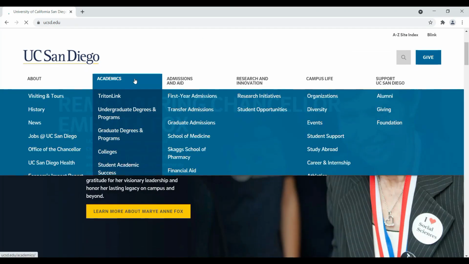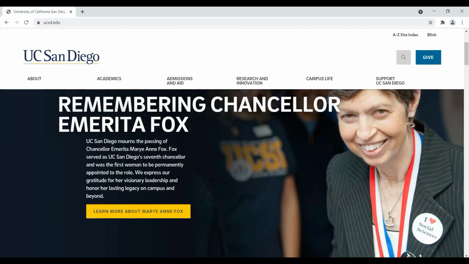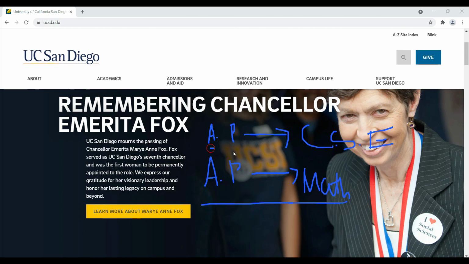Remember, we have to search for the associate professor for CSE, or you can say computer science engineering or computer science department, and associate professor for the mathematics department. So these two things you have to remember.